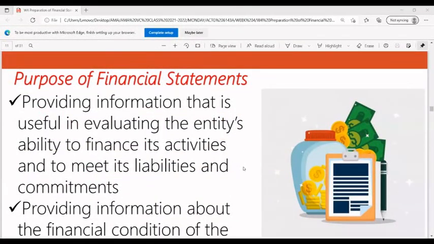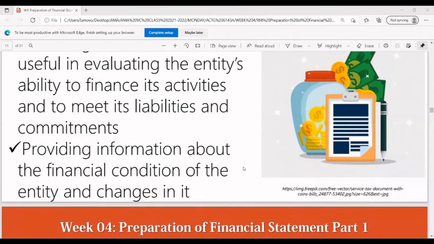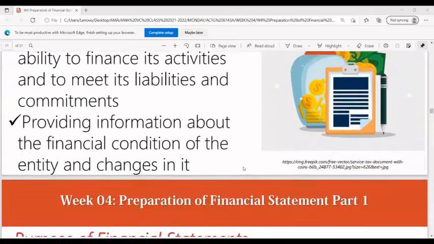It is useful in evaluating the entity's ability to finance its activities and meet its liabilities and commitments, and it provides information about the financial condition of the entity and changes in it.